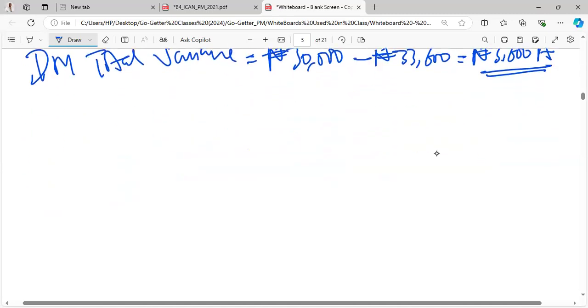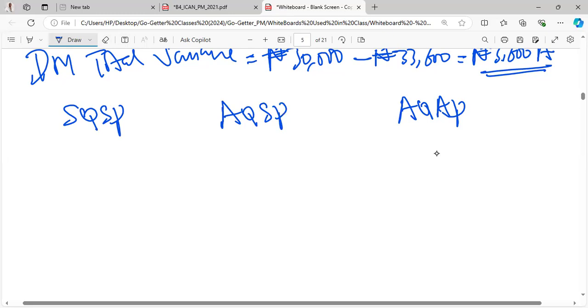And we remember our formula said standard quantity, standard price. I can decide to come here and say actual quantity, standard price, and I will take the first one.